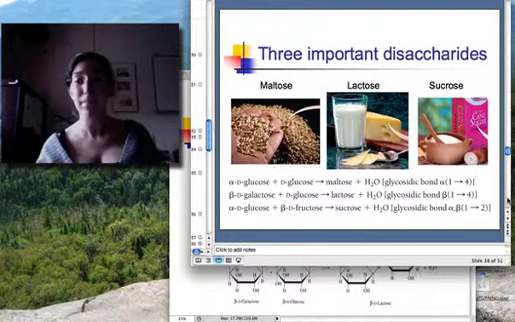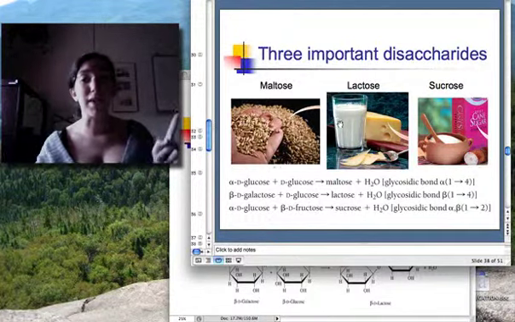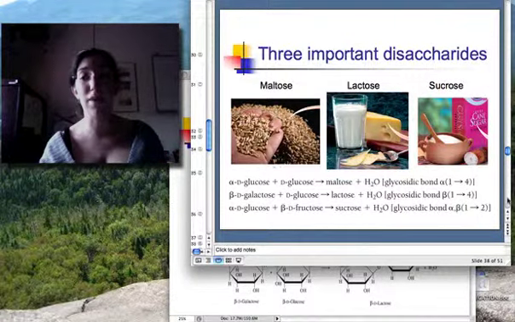And these are the different glycosidic bonds. Both maltose and lactose have a 1,4 linkage. But notice here that the linkage between glucose and fructose is a glycosidic bond between carbon 1 of glucose and carbon 2 of fructose. So it's a 1,2 linkage, not a 1,4 linkage.